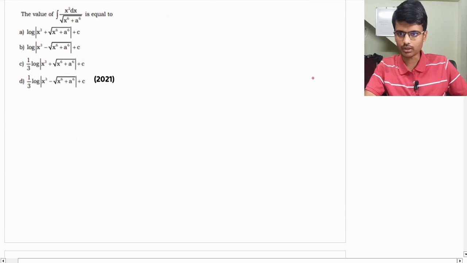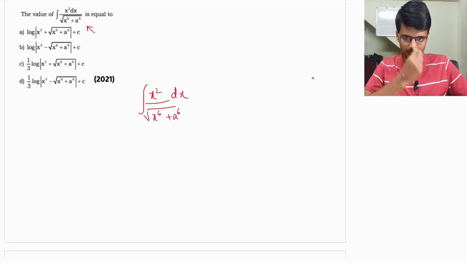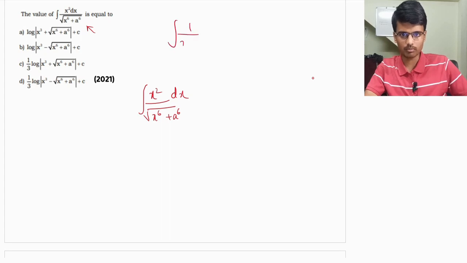Okay, looking at here again, they are asking us to find the value of this integral: x square divided by root of x power 6 plus a power 6 dx. Let me just write that down once. To solve this kind of question, we know our standard formula for 1 by root of x square plus a square.